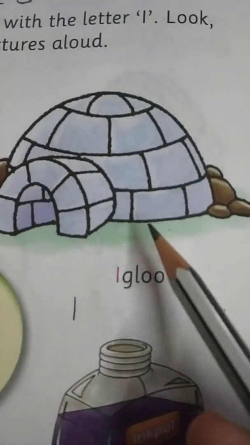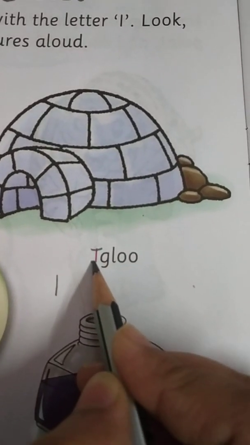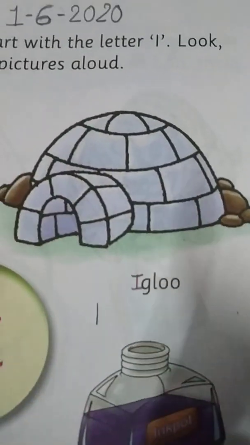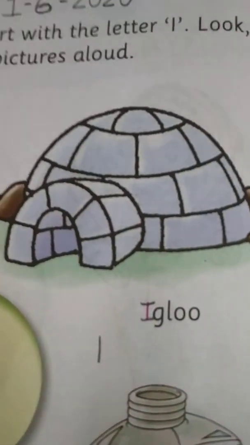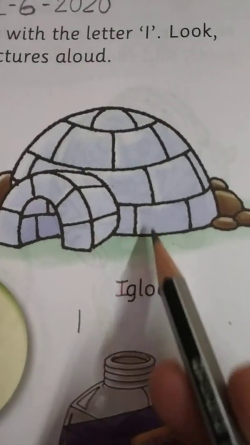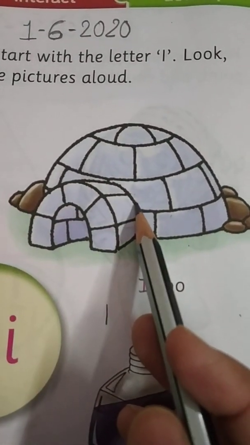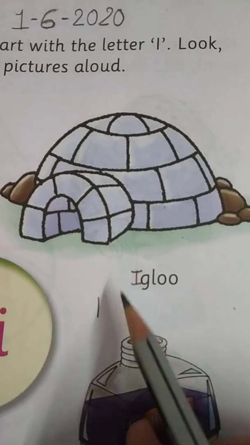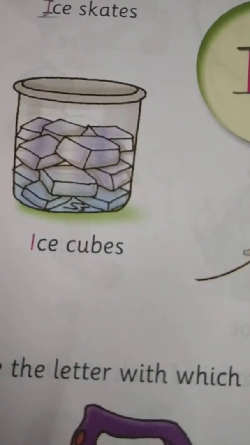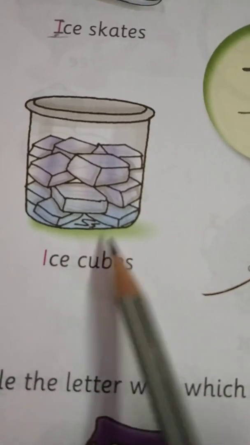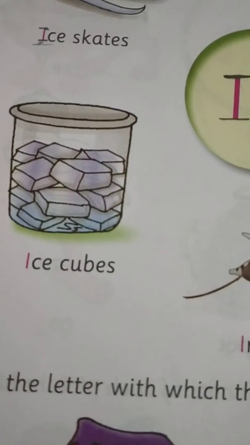Can you identify this picture? Which picture is this? This is the igloo. So I for igloo. Igloo also starts with letter I. Next one is ice cubes. आपके फ्रिज में होते हैं ice cubes?